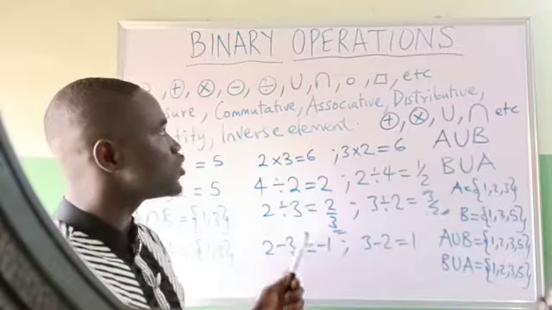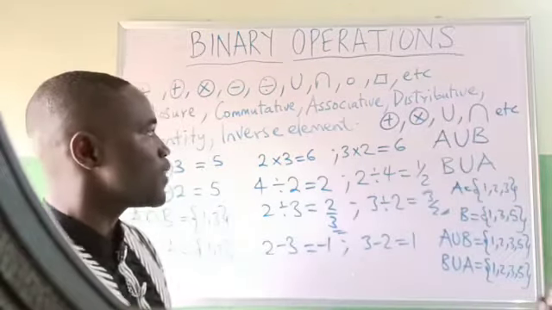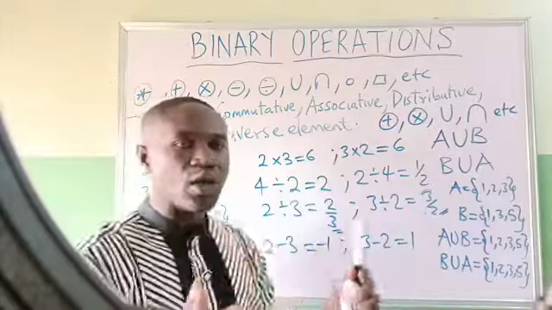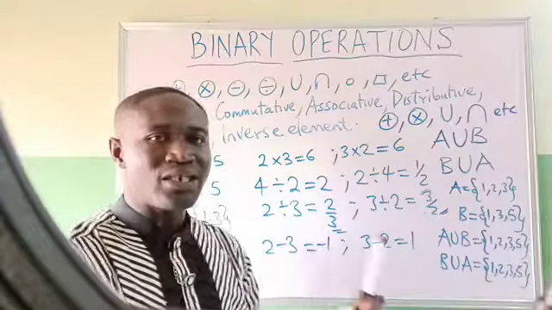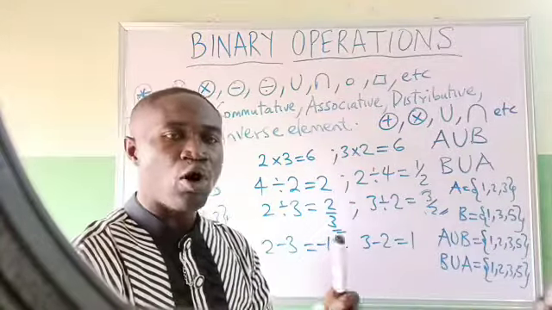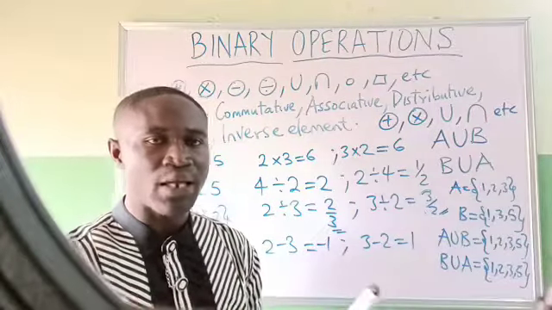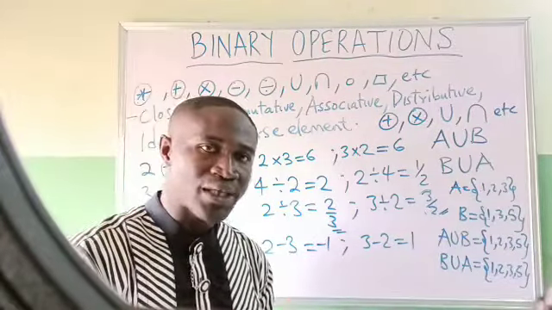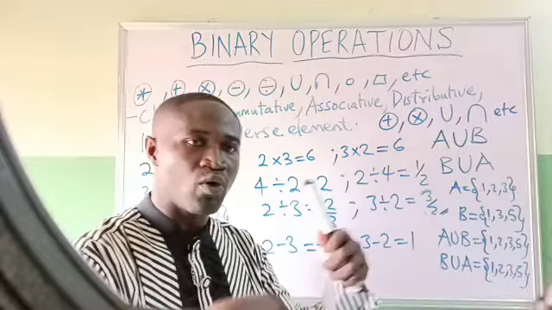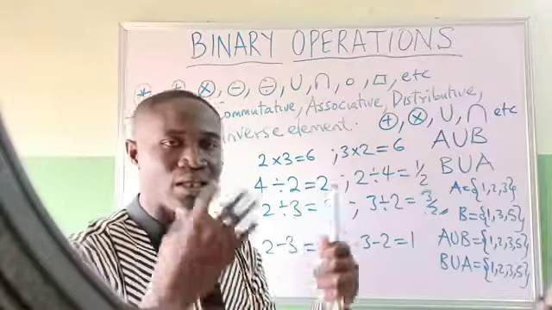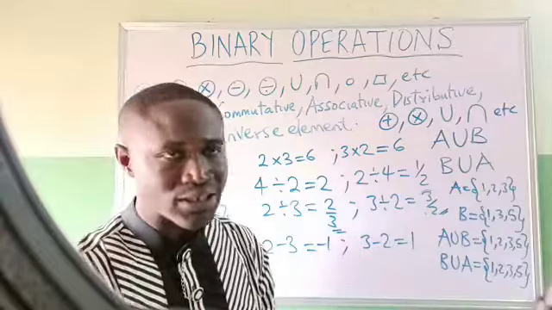Now that takes us to associative property. So if they ask you a question, show that these are commutative or show that these are not commutative, please understand what they mean. Commutative property: you add two numbers, you interchange and add again, they have to give you the same answer.